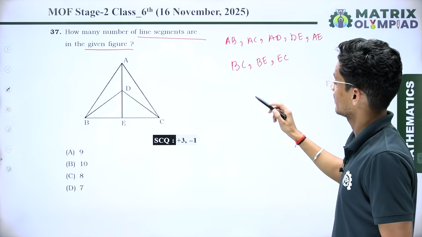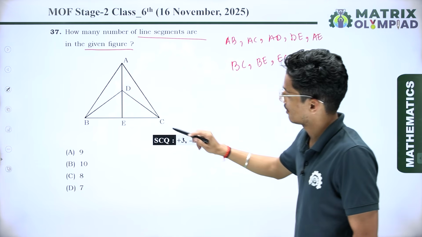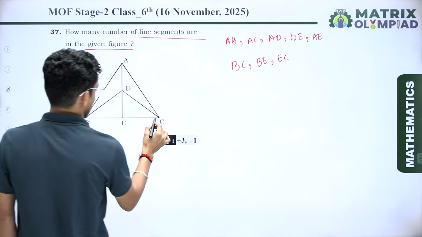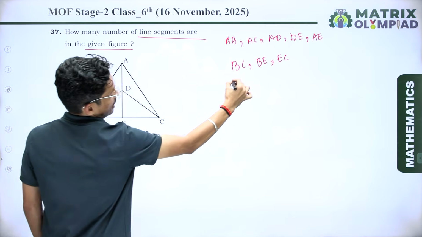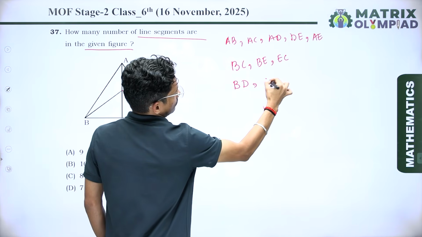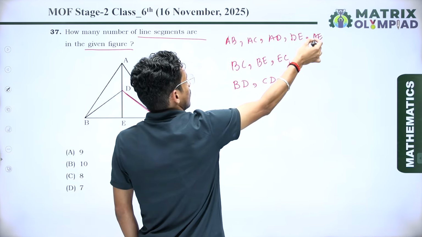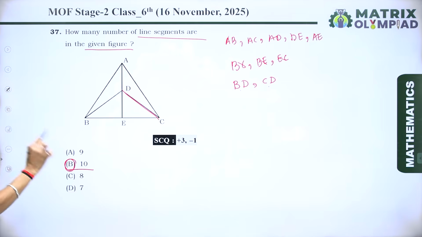Check how many line segments there are: 1 2 3 4 5 6 7 8, and AE is already counted. BD is not counted, so I can write here BD, and last, CD. So the total line segments are 1, 2, 3, 4, 5, 6, 7, 8, 9, 10. It means 10. Option number B is the correct answer.